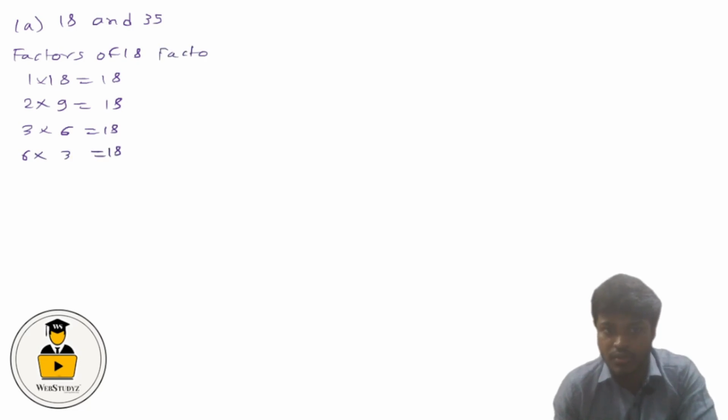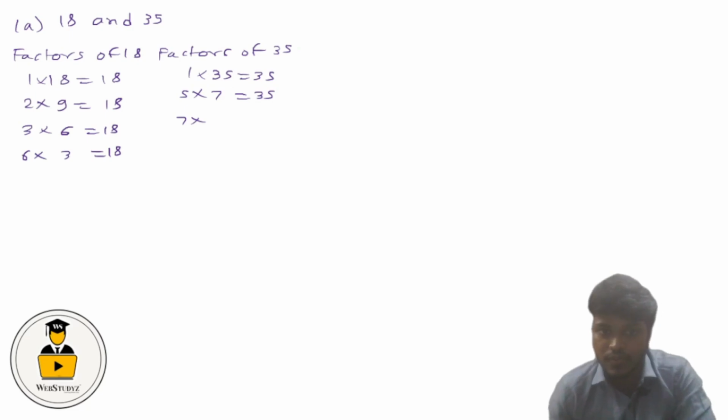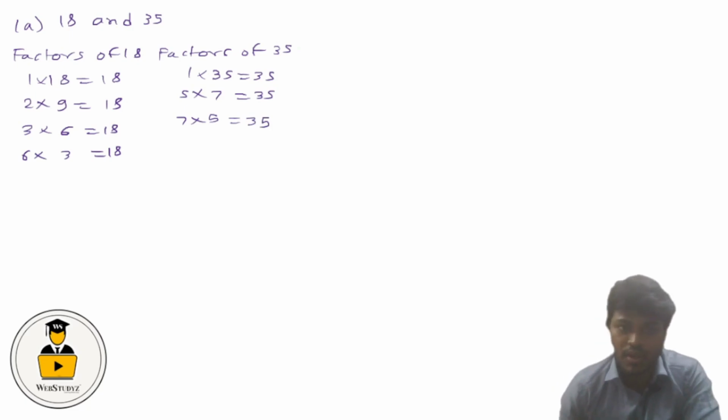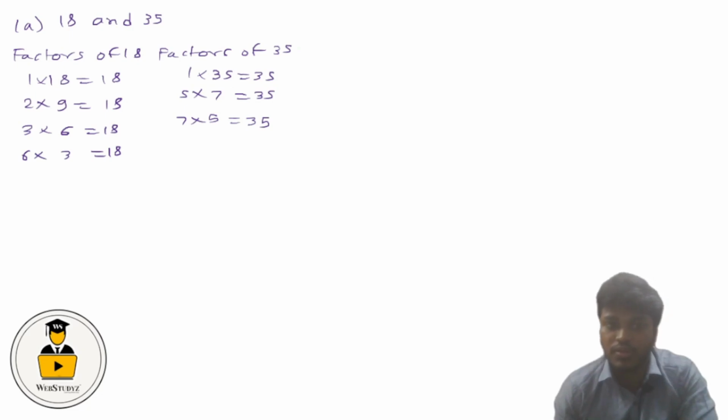Similarly, the factors of 35 are 1 into 35, 5 into 7, and 7 into 5. So the factors of 18 are 1, 2, 3, 6, 9 and 18, and the factors of 35 are 1, 5, 7 and 35. We can see that 1 is the common factor between 18 and 35.